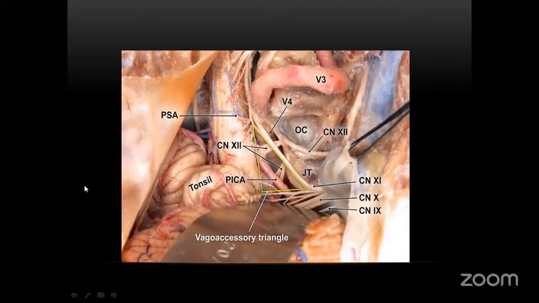What books do I refer? First, go to Rhoton. It is very excellent, and some surgical touch has been given there, Rhoton's anatomy. Secondly, operative cranial neurosurgery anatomy is very good. You have to go through that one for the basics.